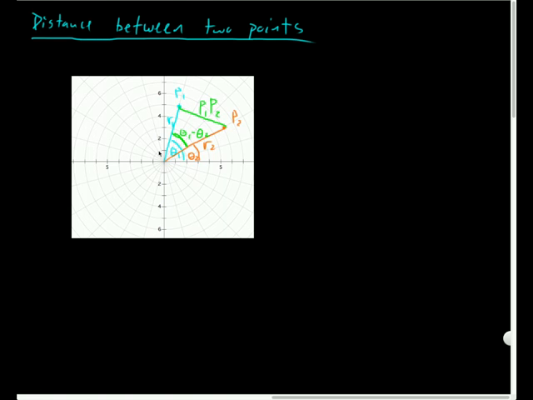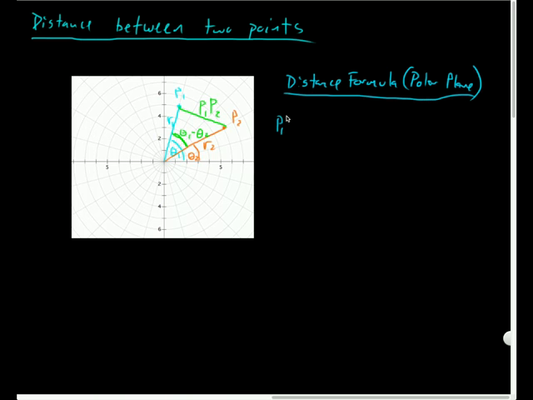So if I want the distance, I've got a triangle here, and I'm going to be able to just use the law of cosines. So the distance formula on the polar plane is going to look like this. It's just going to be the law of cosines, right?